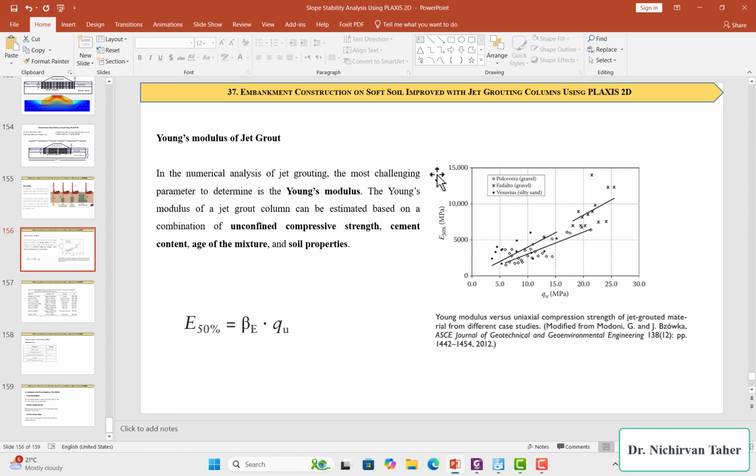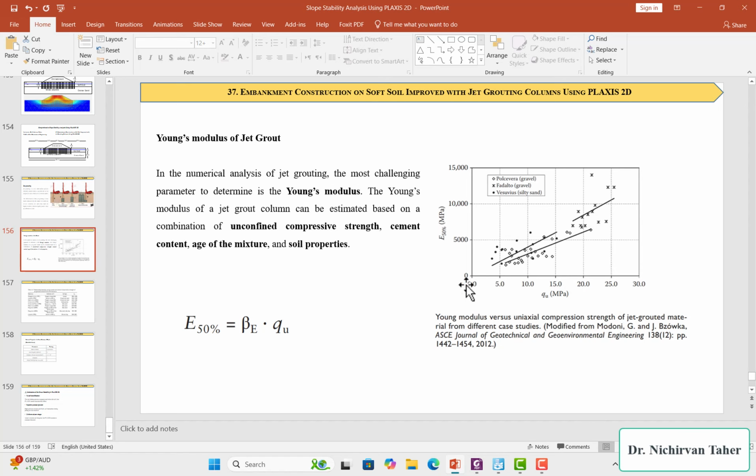So we have this figure. This figure shows us the Young's modulus of elasticity of the jet grout material versus axial compression strength of jet grout material from different case studies by different researchers.